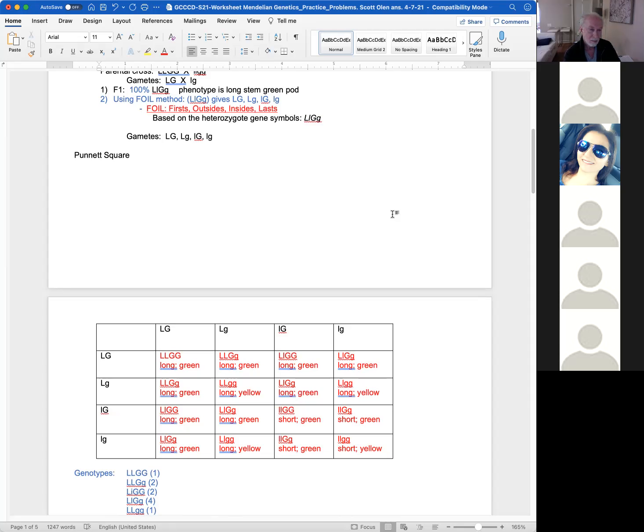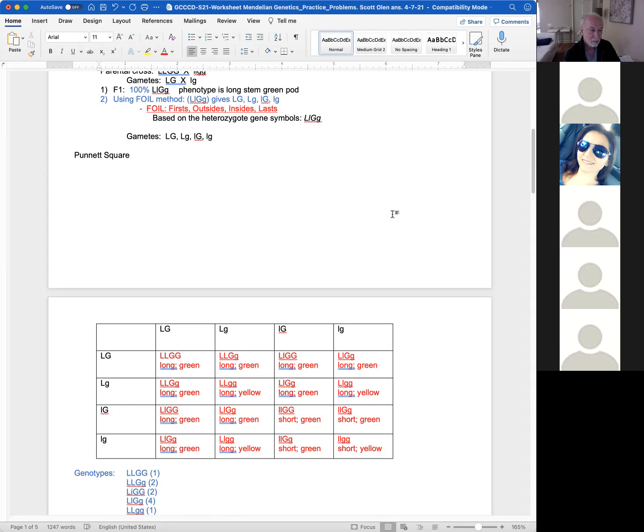The innermost things will be a little l, big G. And the last things will be a little l, little g. This is a very fast way to figure out all the possible gamete combinations. The FOIL method gives big L, big G; big L, little g; little l, big G; little l, little g.